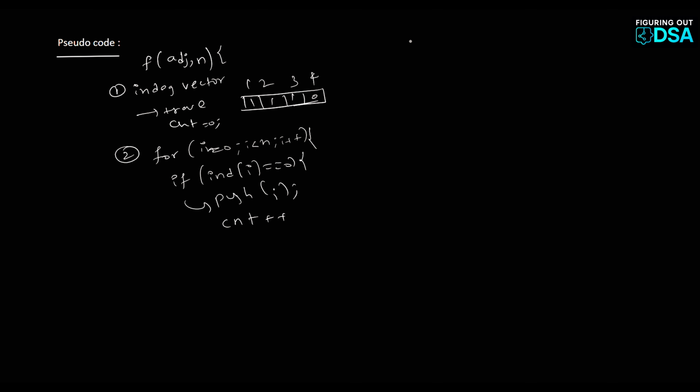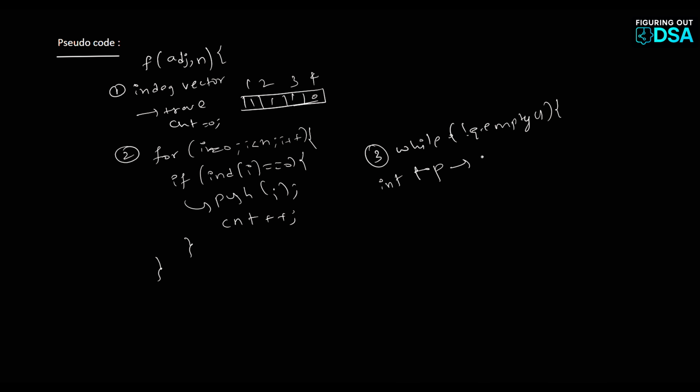Because in the case where there is no cycle, we have visited all the nodes. That's the only difference where we can differentiate between cyclic and non-cyclic: if we are able to visit all the nodes, then there is no cycle, and if we are not able to visit, then there is a cycle. So we'll push it and increment the count variable. And then we do BFS while the queue is not empty.